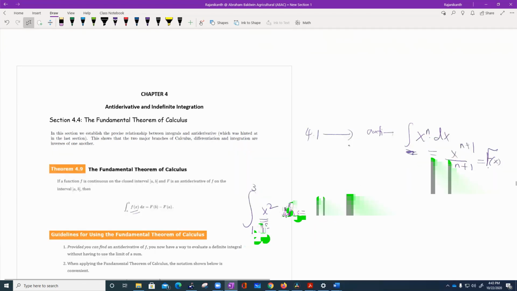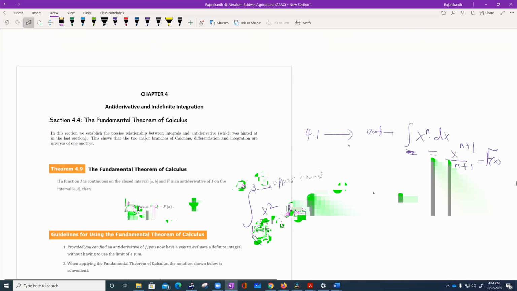Remember I told you, if the given problem is little f, we denote the antiderivative answer as big F of x. So find the antiderivative answer for the given problem. Then we plug in these two values; we call this the upper bound and the bottom one the lower bound.